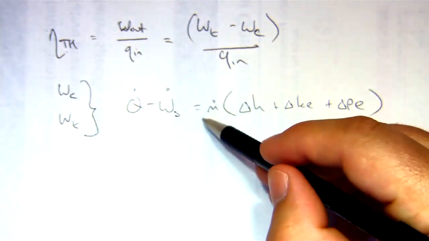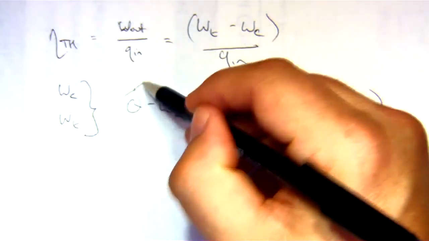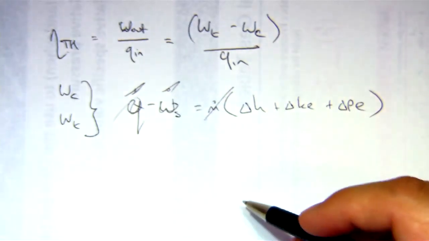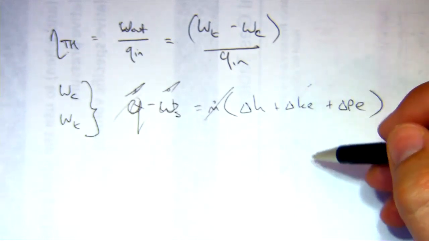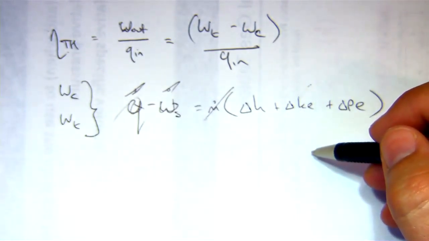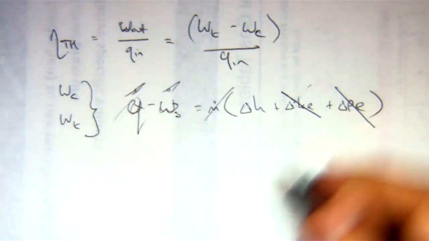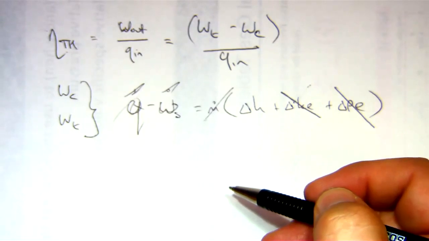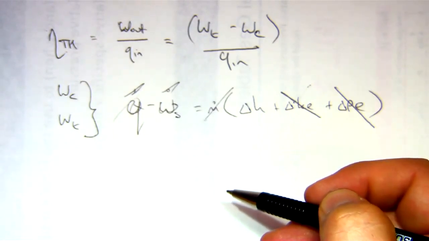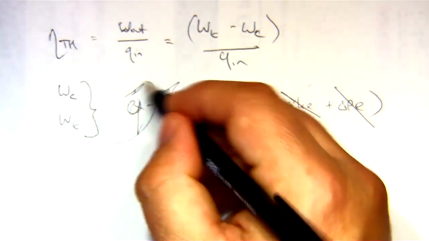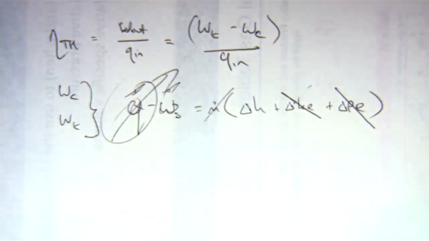And if I get rid of my mass flows, make a little w, little q, and also make the assumption of not really changing the velocity through the system and not really changing the height of the system during my cycle. And I've said that this is the best that I can make it. One of the ways that I make things good is not letting go of any energy on the way, which is to say getting rid of heat loss, insulating the thing. This is for the compressor and the turbine.